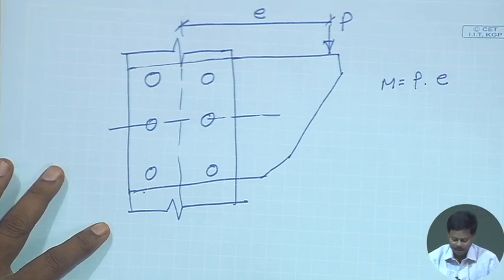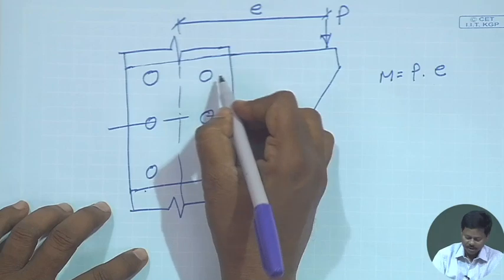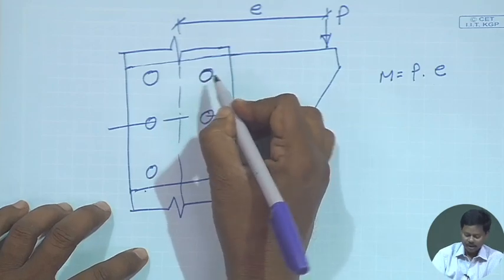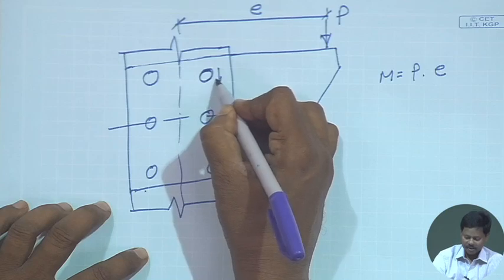Now, what will happen to the joint? In each bolt there will be a load which acts in this direction.